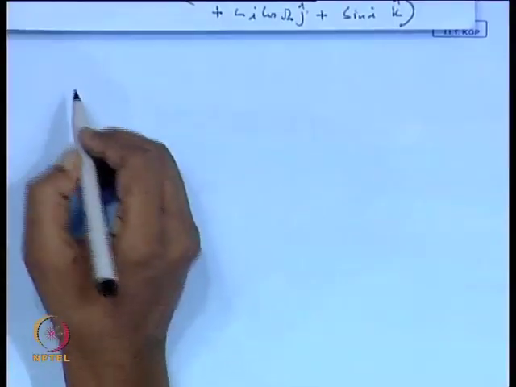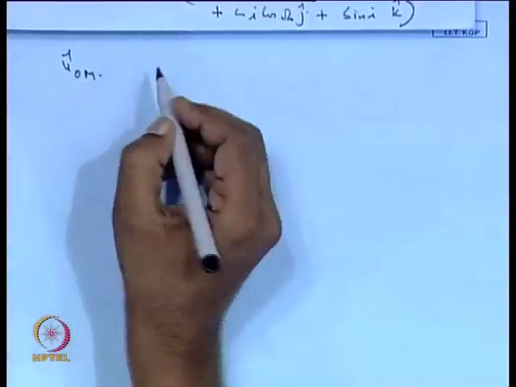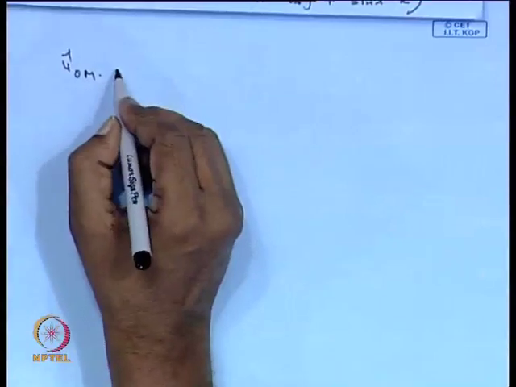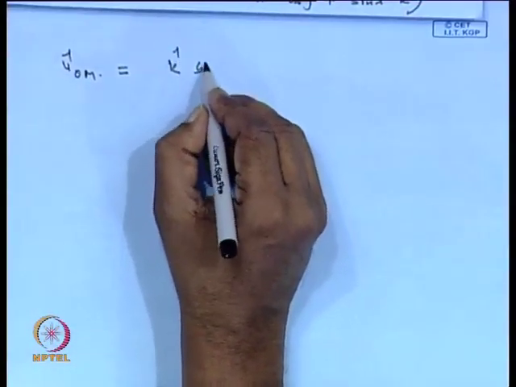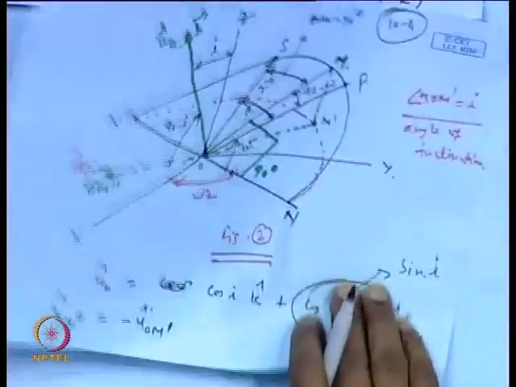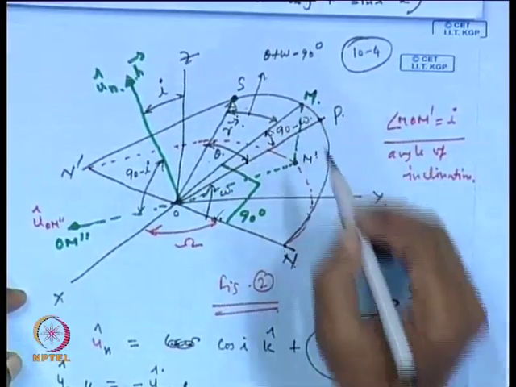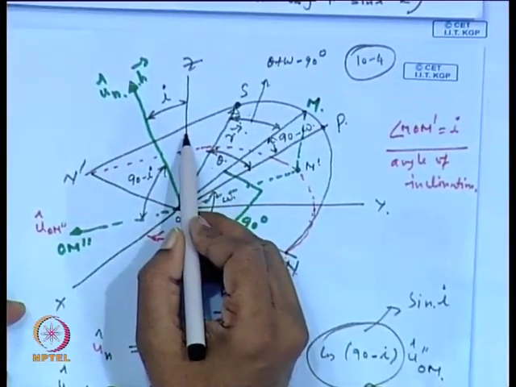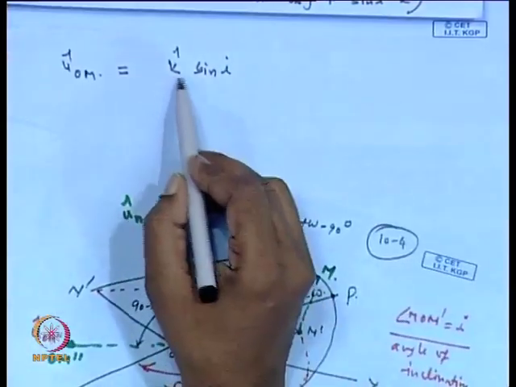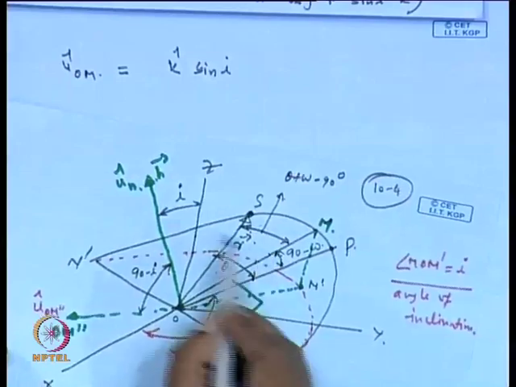So, let us work out the u_om vector. So, u_om vector we can write as k cap sin I, where u_om is the unit vector along the om direction. So, we take the component of the k vector along this. So, this is k sin I, this angle is 90 minus I from here to here.